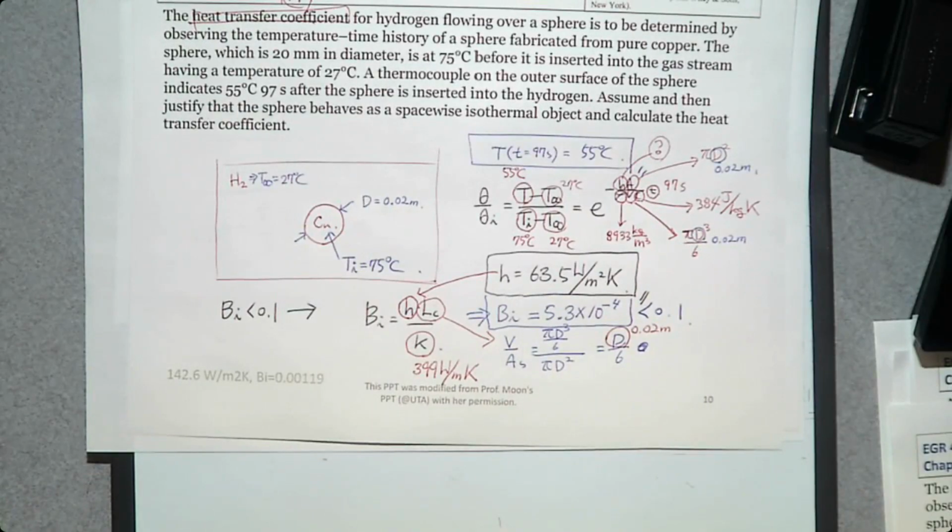The material properties from a table, density, specific heat, K, will be provided in the exam. On the other hand, H is not. H is not a material property. It depends on the material and also the fluid motion.